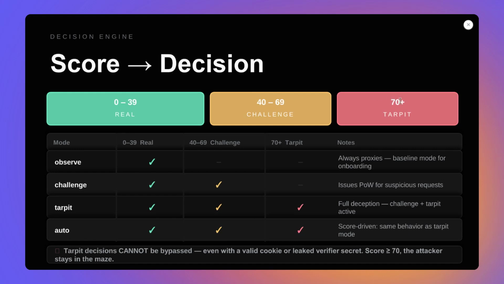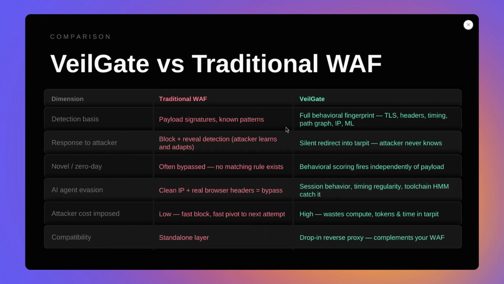Above 70 or 60 you can just put target and make them sit in full on deceptive mode. And the target decision cannot be bypassed. Once you enter target you cannot bypass, but if you are in challenge mode it can be bypassed by solving proof of work.